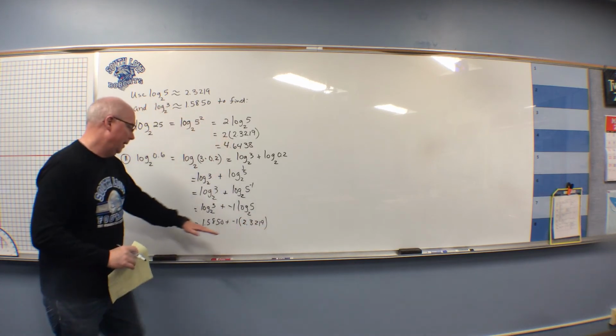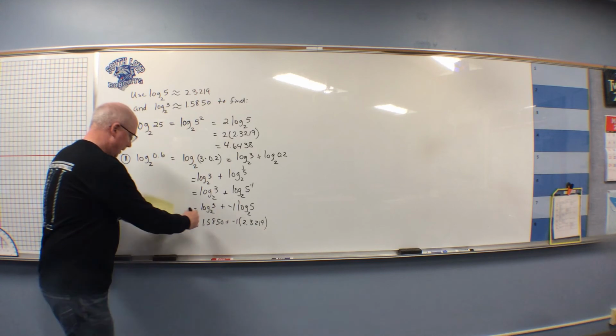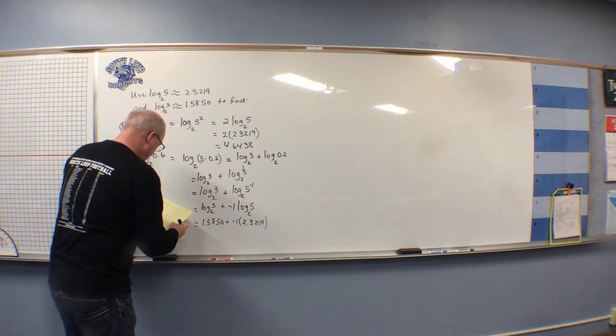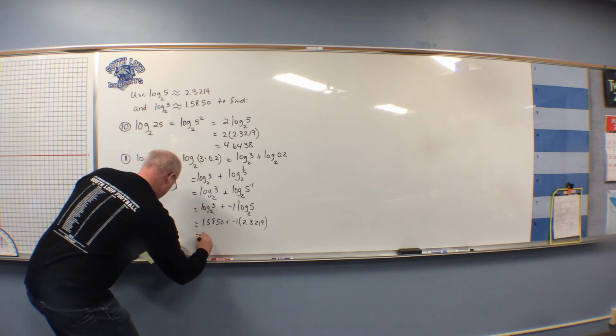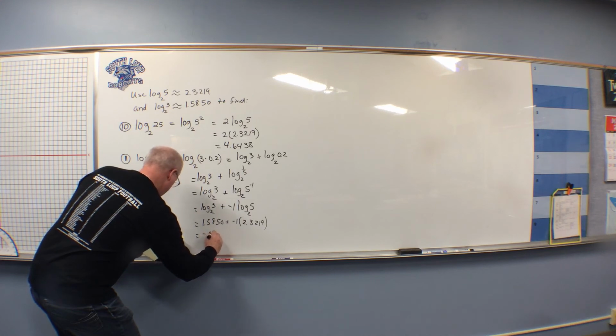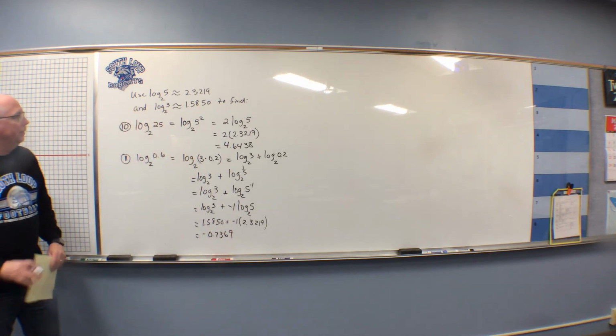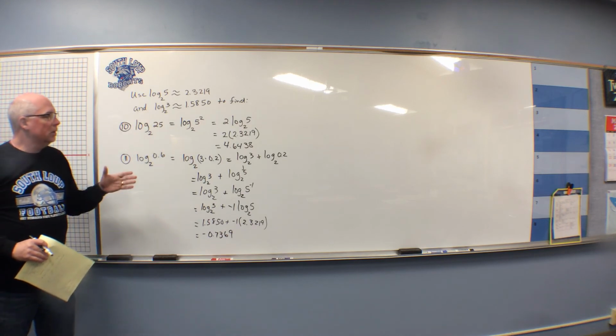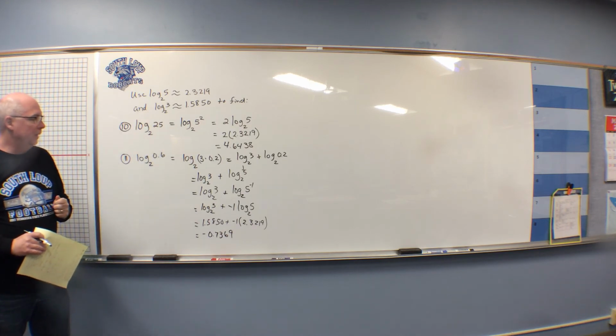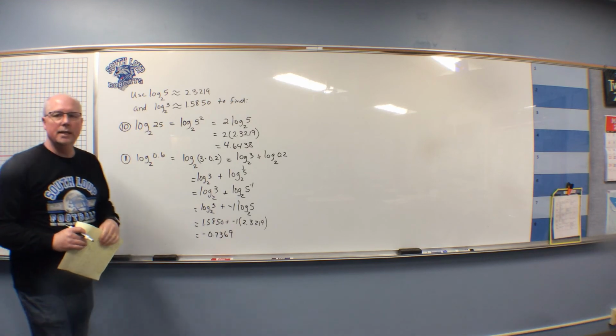So that becomes negative, that is positive. When I add those two together, I get a negative 0.7369. Okay, so I have used the powers of logarithms, plus I've used condensing.